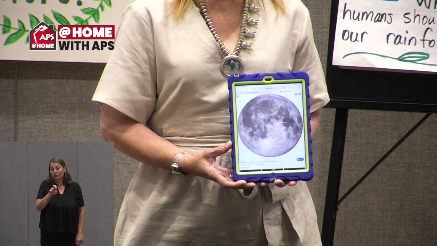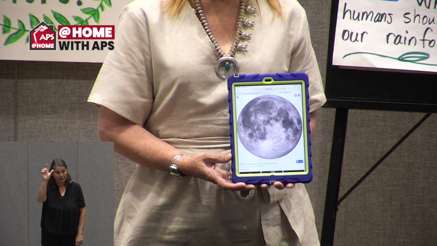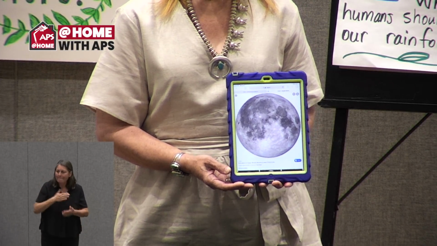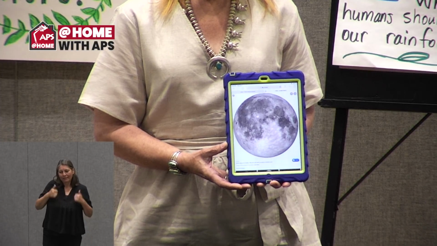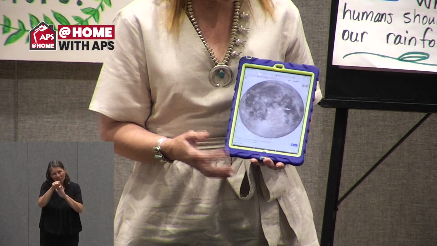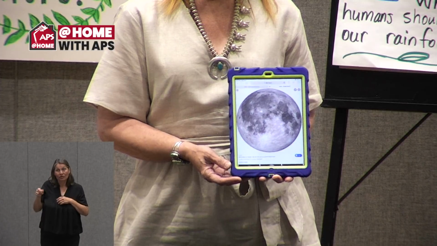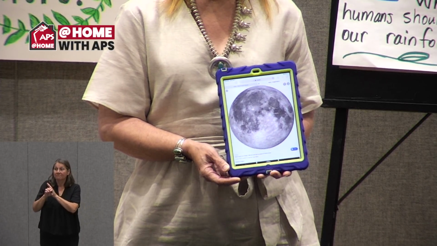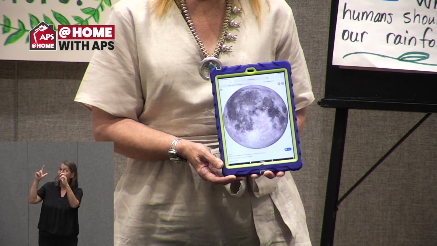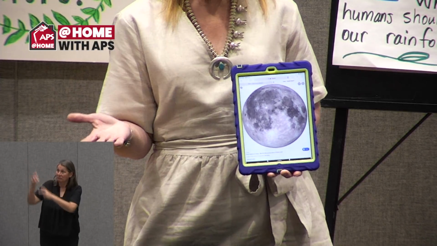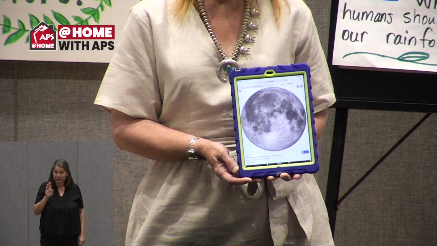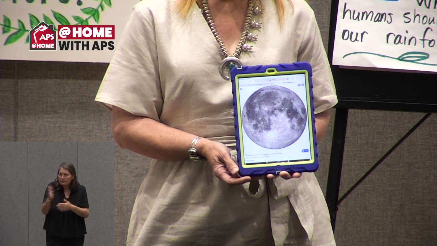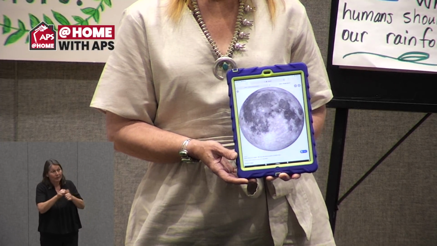And the way I found out about it was I have a friend who lives in Durango, and she put a picture of this that she took out of her window up on Facebook, and I saw it this morning, and I thought, oh my gosh, I've never seen anything like that. And then I was texting with another friend of mine that doesn't live close by but is really into astronomy.